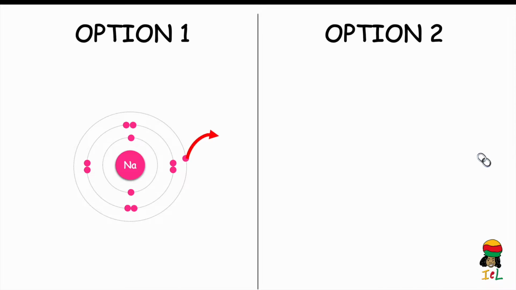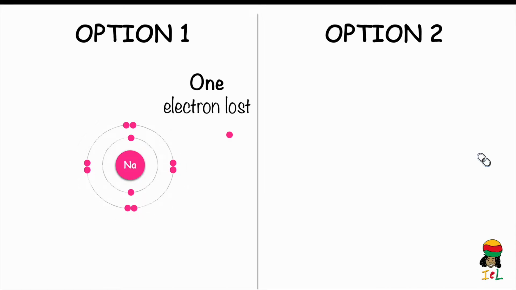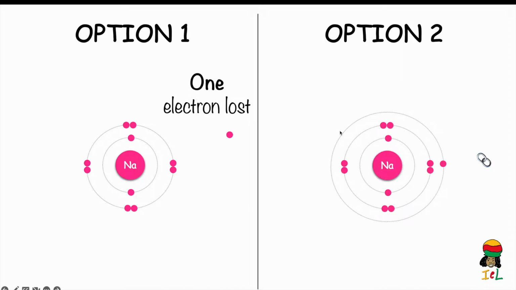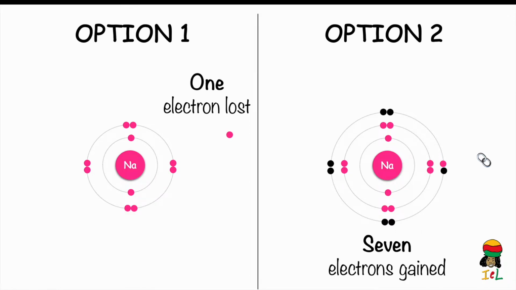Either it loses that 1 valence electron to another atom and that last shell would disappear, leaving behind the inner lying shells containing their maximum number of electrons. So only 1 electron in this case is moved. Now for the second option, sodium could also gain 7 additional electrons to fill that third shell, which holds a maximum of 8 electrons.